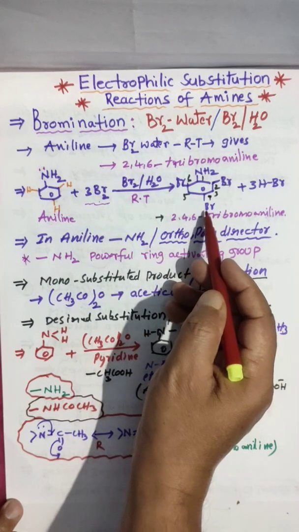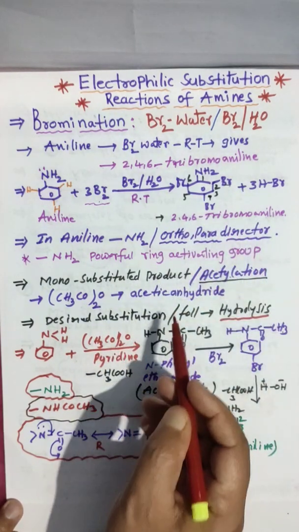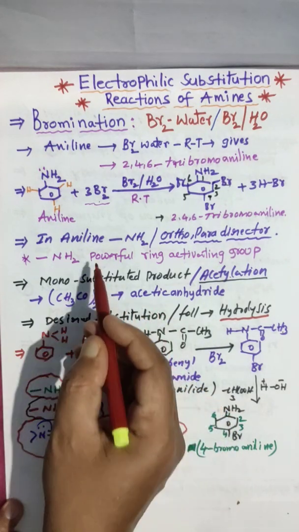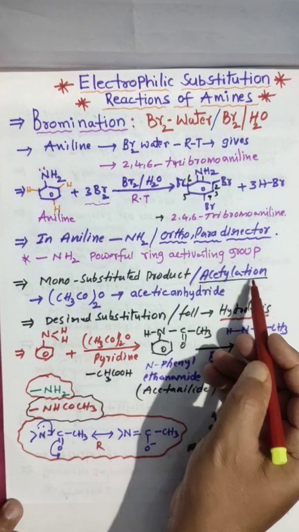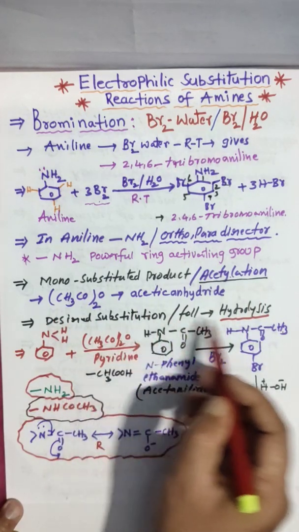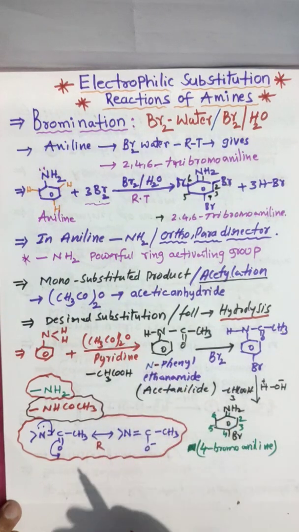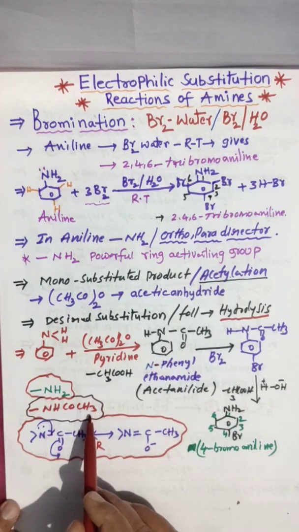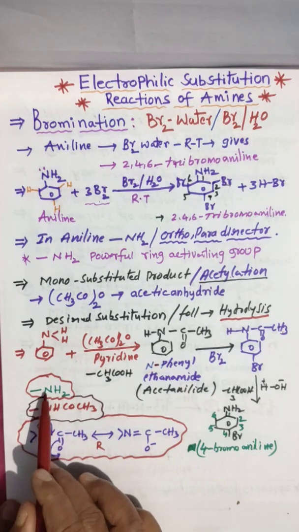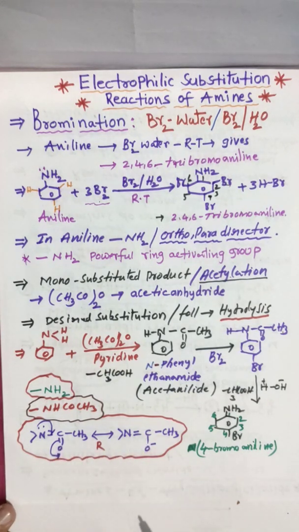And first we derived 2,4,6-tribromoaniline. If you want to prepare the mono substituted product, you have to subject it to acetylation with acetic anhydride followed by hydrolysis, and this is the process. And here you have to remember that the NHCOCH3 group activates the ring less than NH2 due to resonance stabilization.